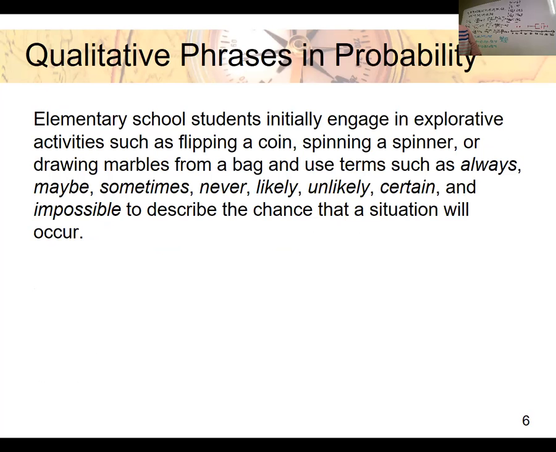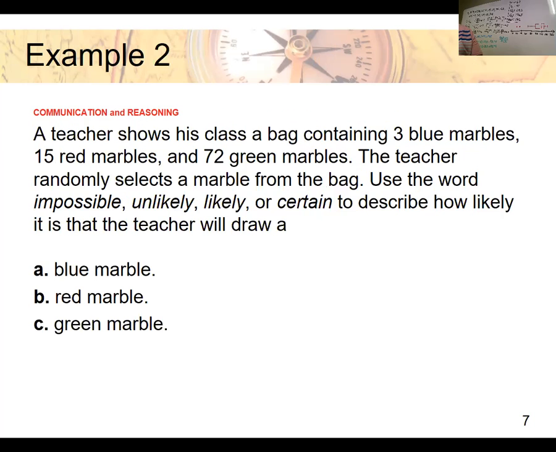Okay. All right. And this is just something that deals with what elementary school students should know. So they'll be looking at activities such as flipping a coin, spinning a spinner, or drawing marbles from a bag. And those are just some activities that are used in probability.